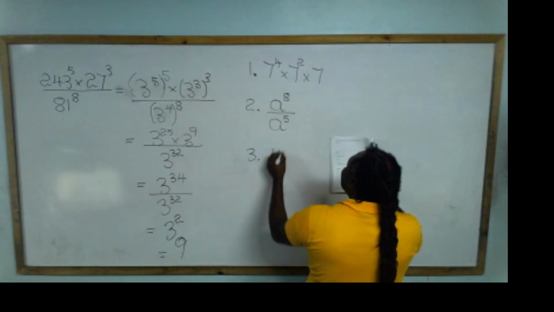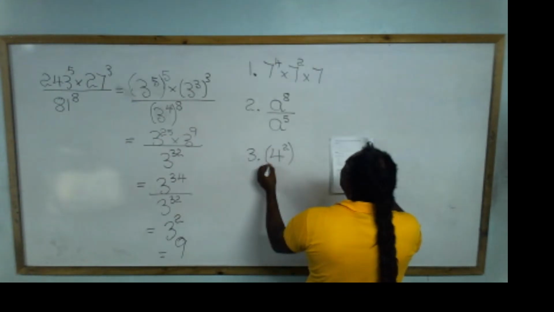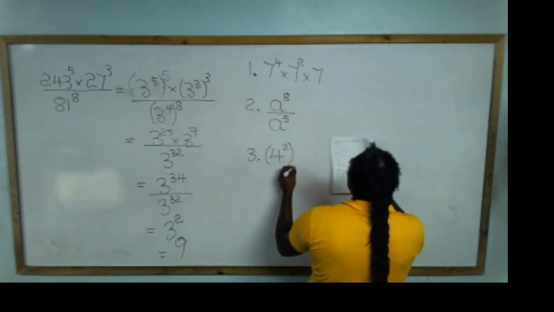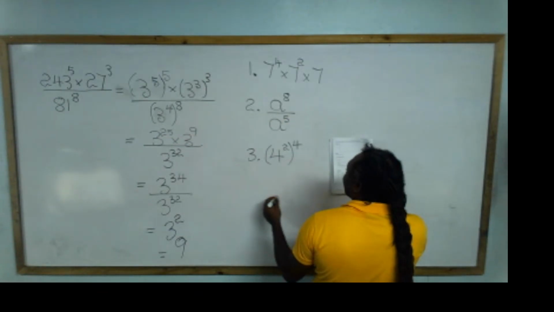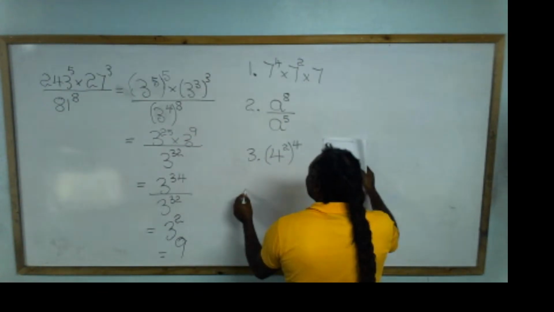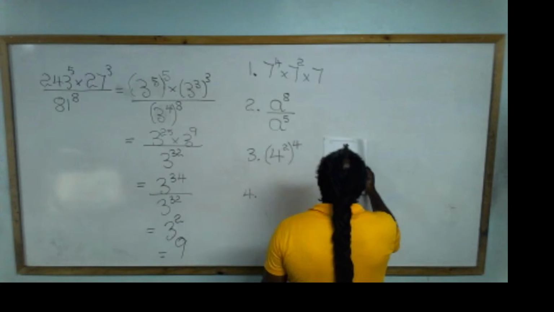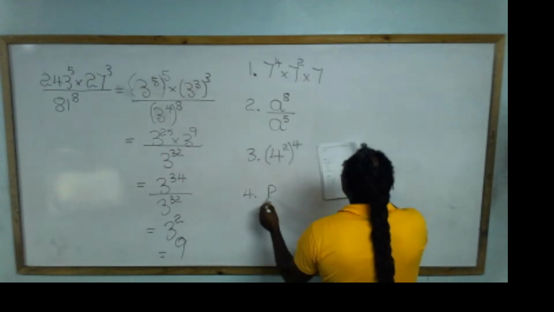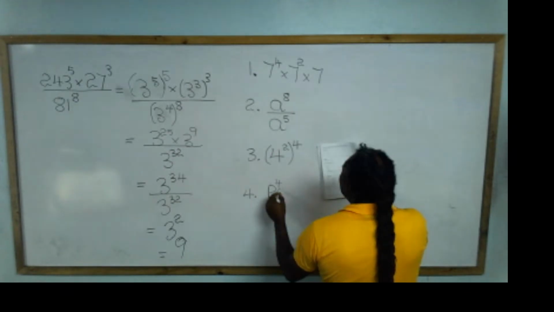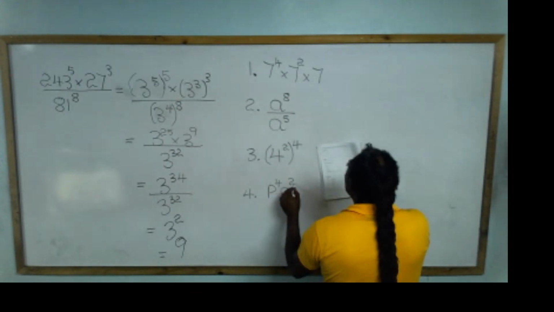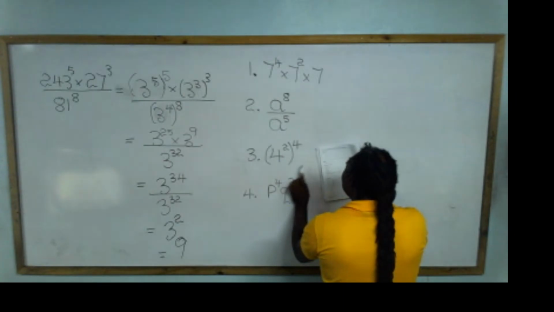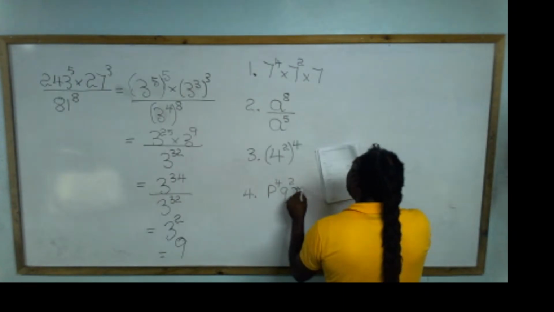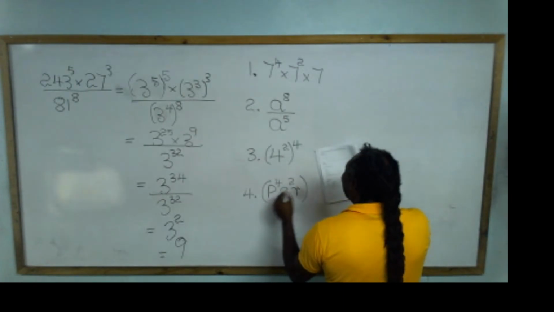Four squared raised to the power of 4. P to the power of 4, Q squared, R, all raised to the power of 5.